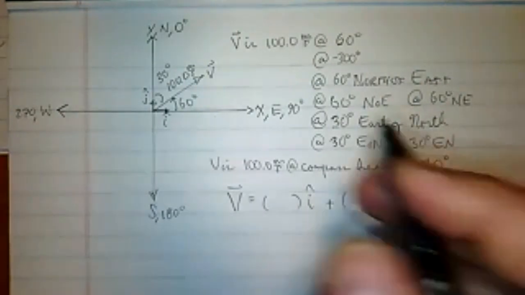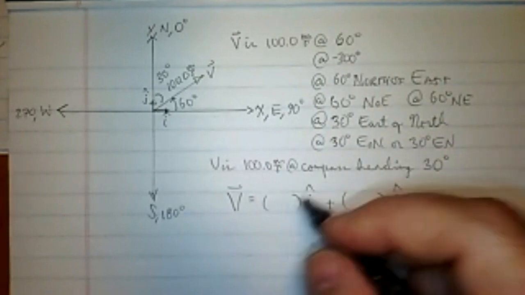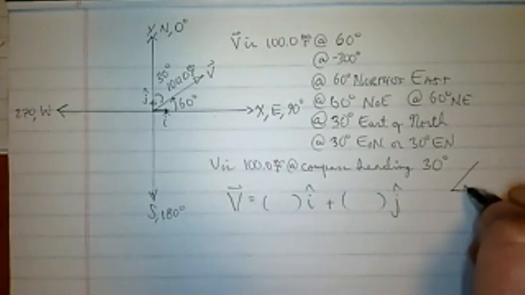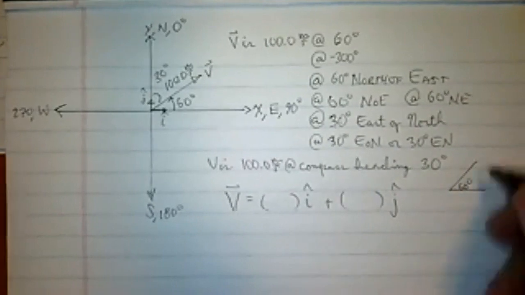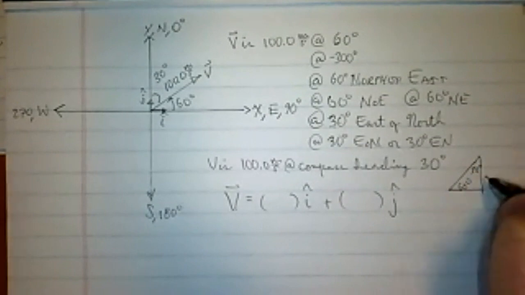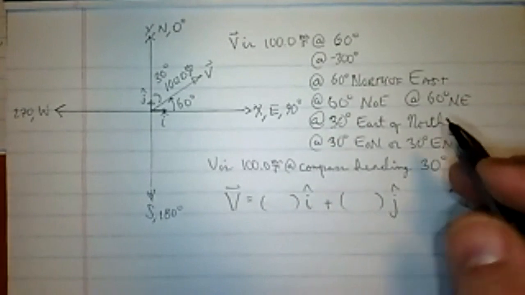But if you know your 30, 60, 90 triangle, you could probably quickly realize what this is, because the 30, 60, 90 triangle has 60 degrees here, and of course has 30 degrees here, but the 60 degree is opposite the square root of 3, the 30 degree is opposite the 1, and this is opposite the 2.